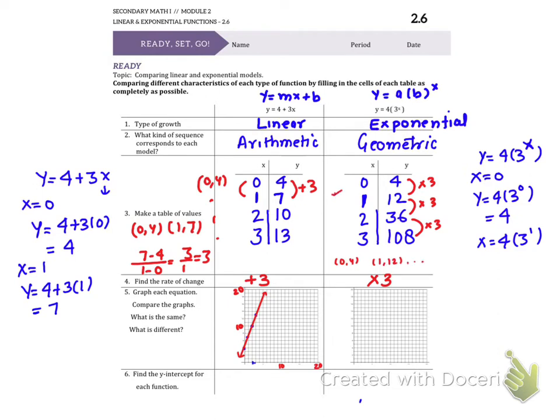So just graph it. 0, 4, let me make it bigger, and how the table is given. You can see it's growing very quickly.